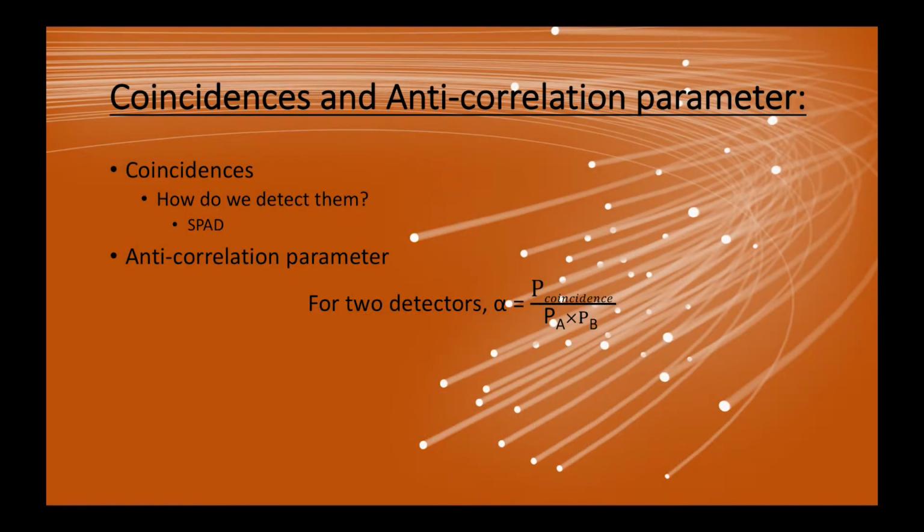Before I actually talk about what results I had, I want to talk about a couple of things that would help understand the results better. So coincidences. What is a coincidence? When we talk about coincidences, we say, oh, two things happen at the same time. And that's when we say that's a coincidence. That's exactly what happens here too.